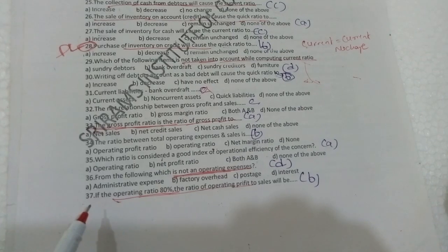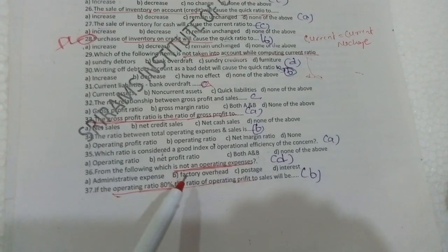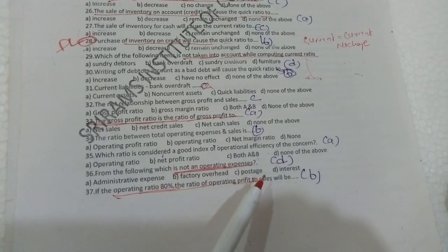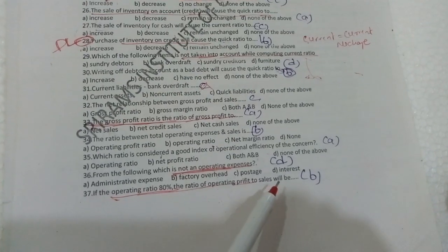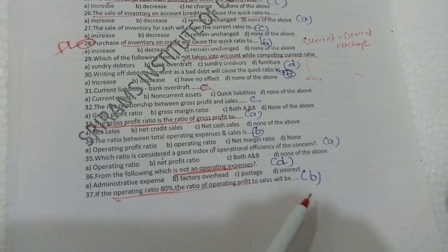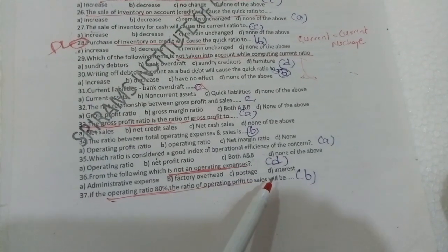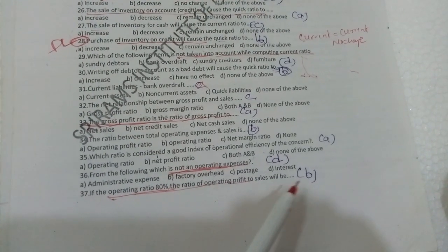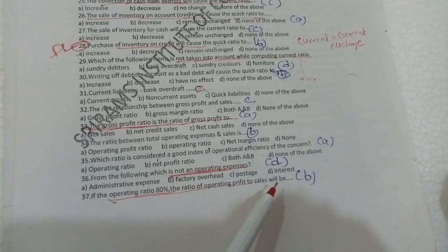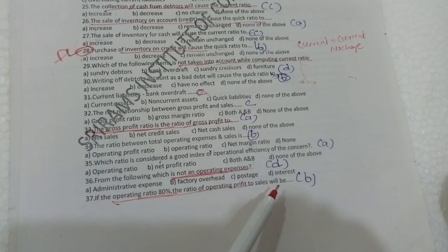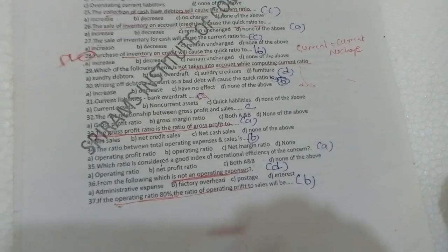Next, 36 question, which of the following is not an operating expense? D answer, interest. We should not take it in operating expenses. Interest is received every month as an inflow, and we also pay interest every month as an expense.